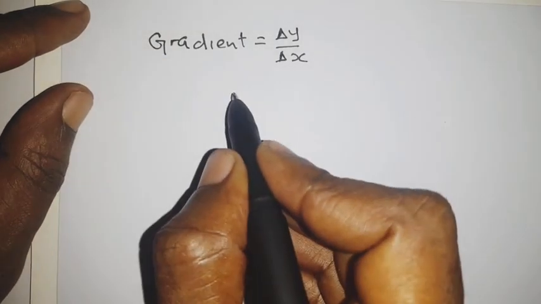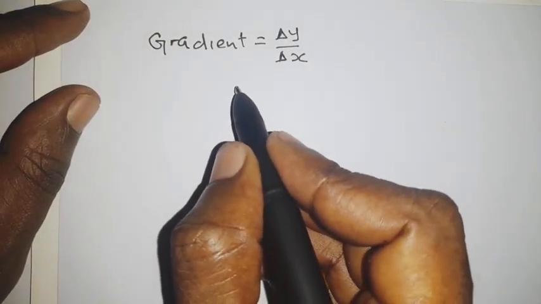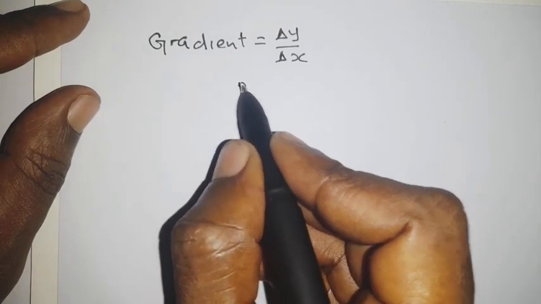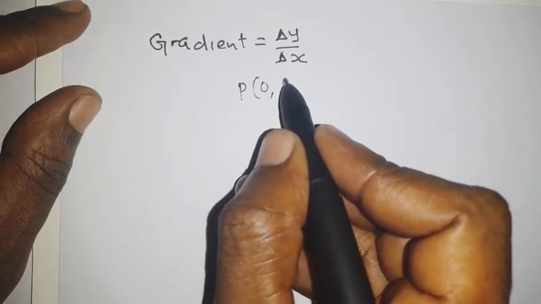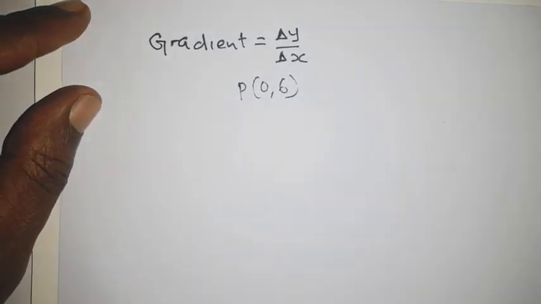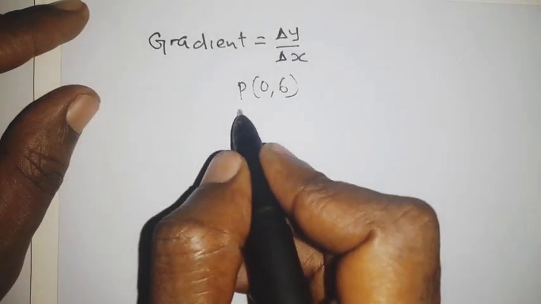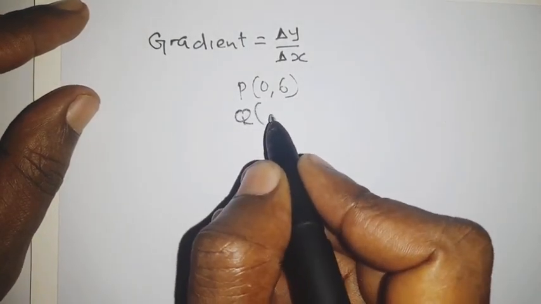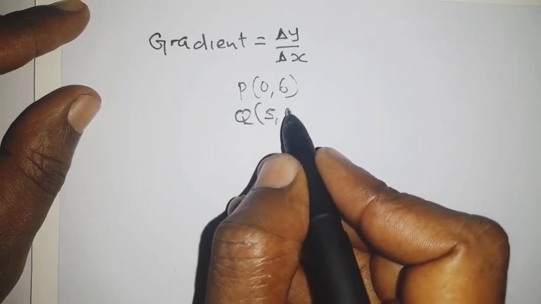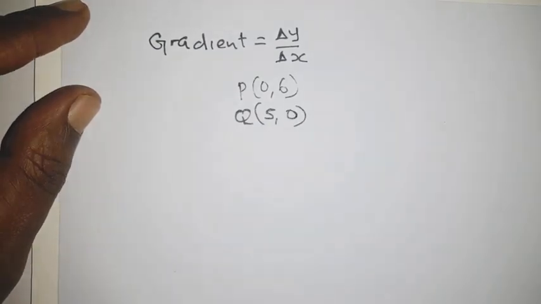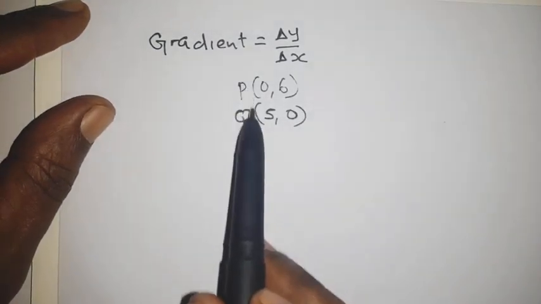So the points we have located on the straight line are P (0, 6), and another point which is Q (5, 0). So this is the first point, this is the second point.